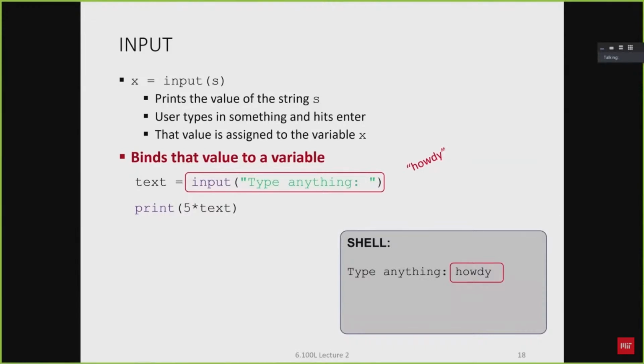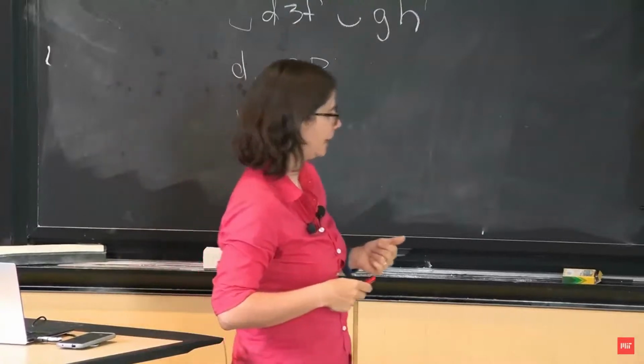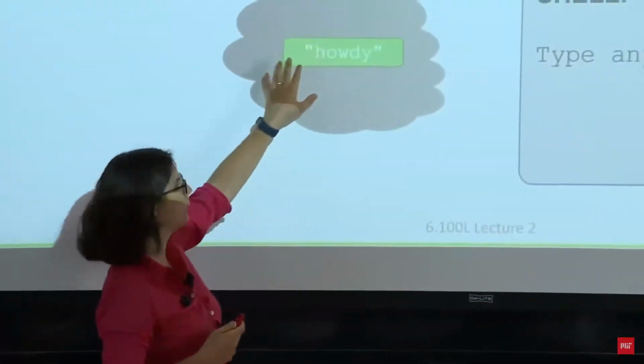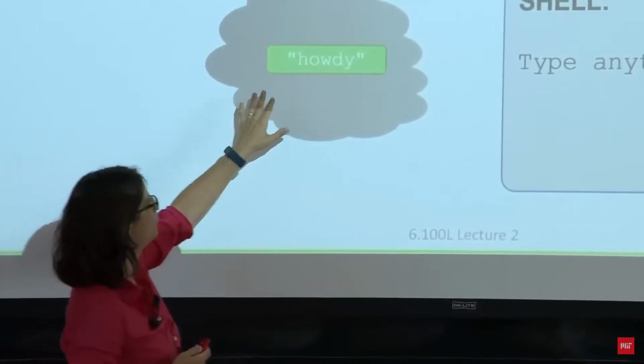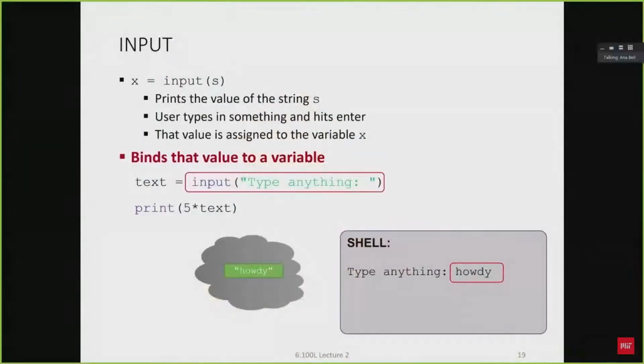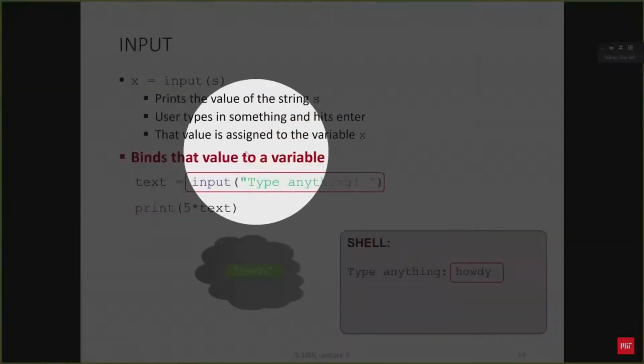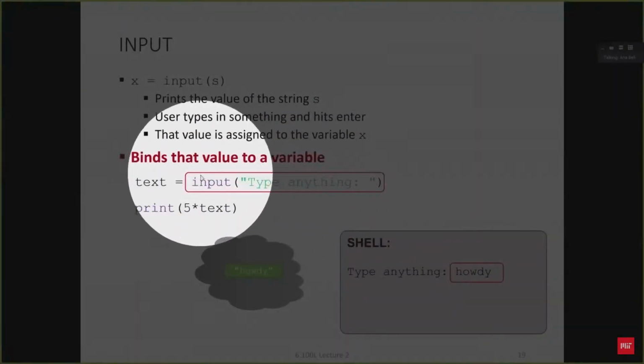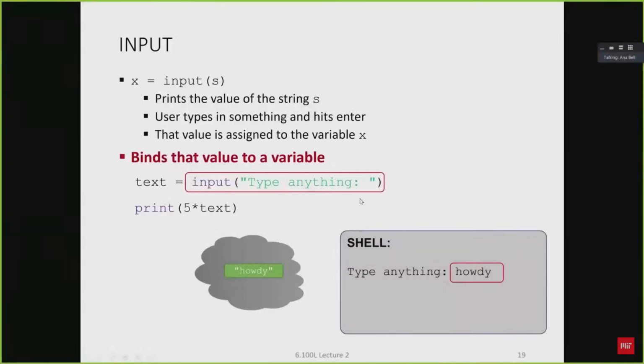In memory, this is our memory cloud. Here is this object that I've created, which is the exact characters the user typed in. If the user typed in howdy, then what does this line end up being? Text is equal to the string howdy. That's what we've seen on the previous 2 slides when we've worked with strings.